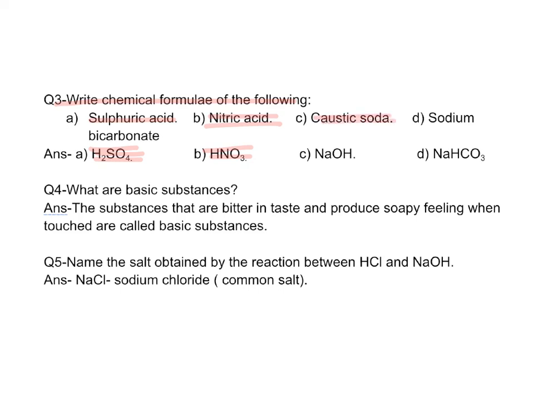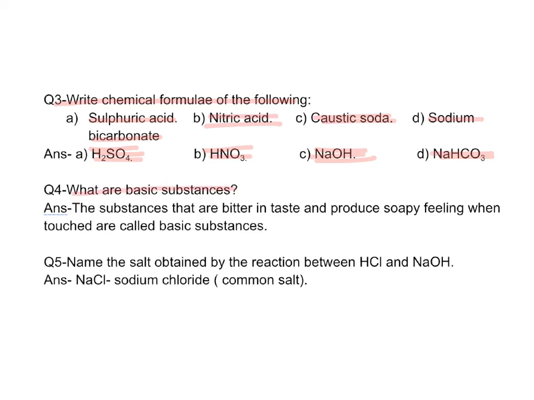C. Caustic soda. As you all know, caustic soda is the common name for sodium hydroxide. So the formula is NaOH. D. Sodium bicarbonate. And the formula is NaHCO3. Let's see the next question. What are basic substances?